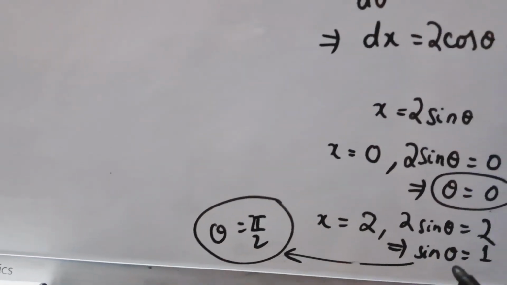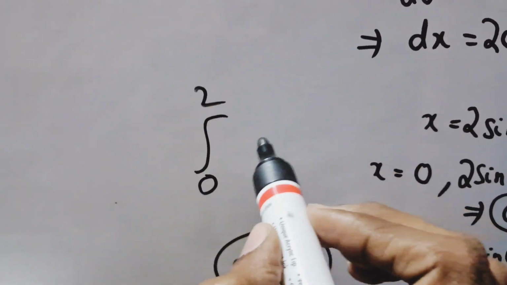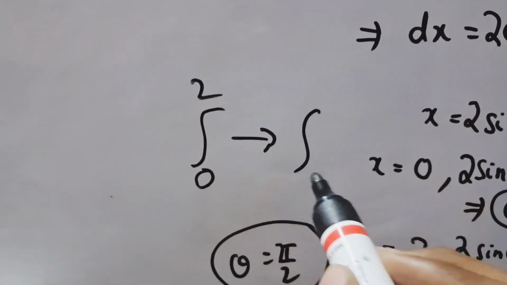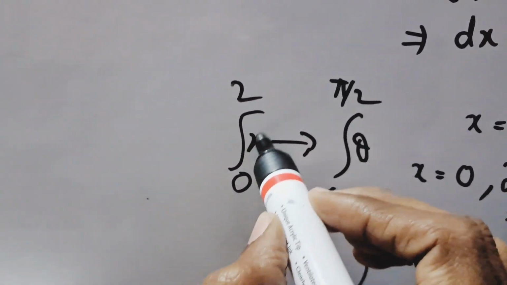So for x from 0 to 2, the limits get converted into 0 to pi by 2 for theta; this is for theta and this is for x.